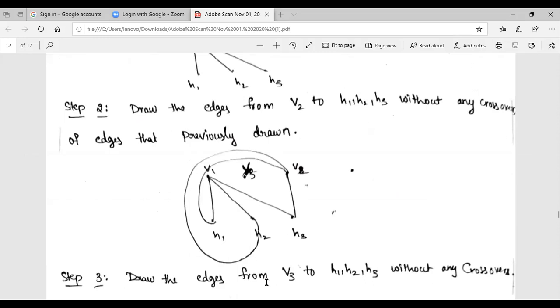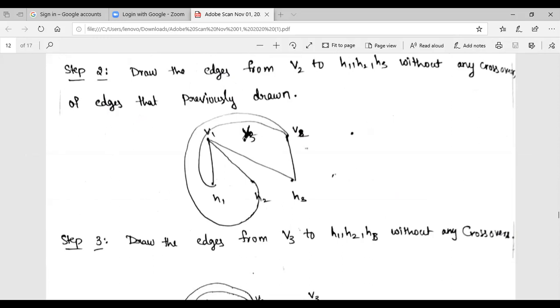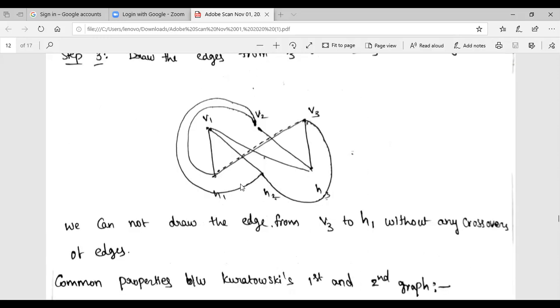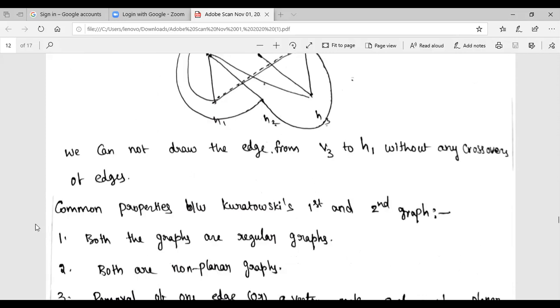Then draw the edges from V3 to H1, H2, H3 without any crossovers. So we cannot draw the edge from V3 to H1 without any crossover. So Kuratowski's second graph, the complete bipartite graph, is not a planar graph.